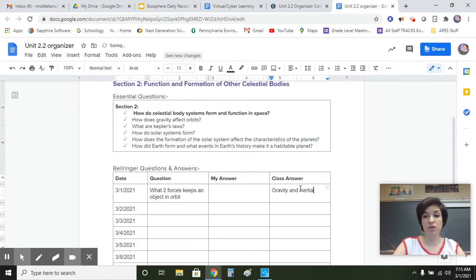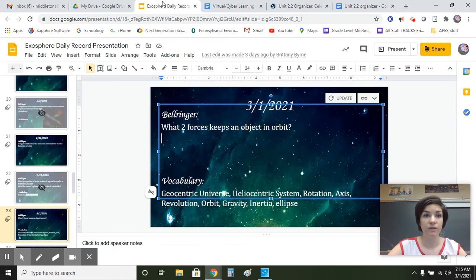And remember, inertia is like once an object starts moving, it's going to move that way forever unless it hits something else. So for us, if I throw something, it would continue going that way forever if gravity didn't pull it down and it hit the Earth. Okay, so inertia and gravity are going to keep things in orbit. So that's your bell ringer today.